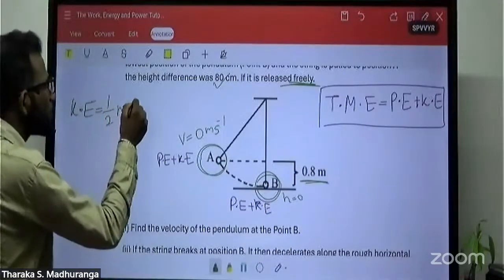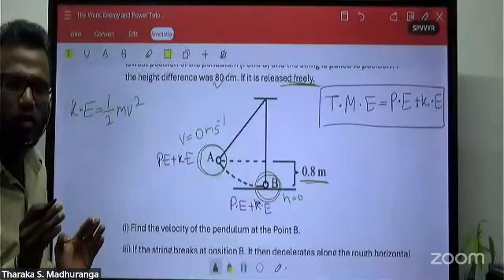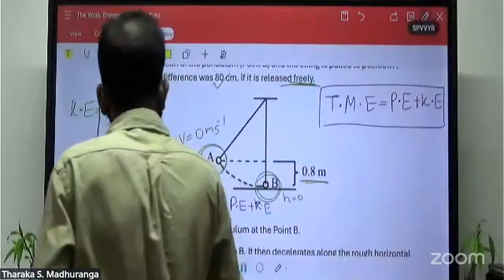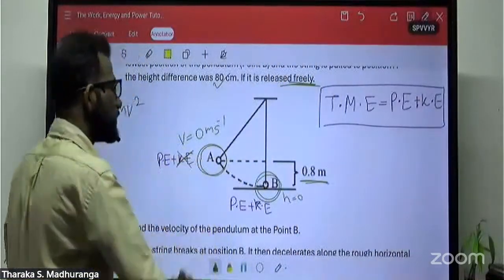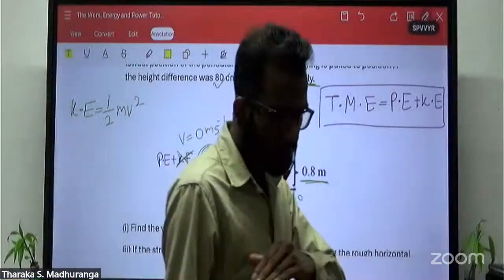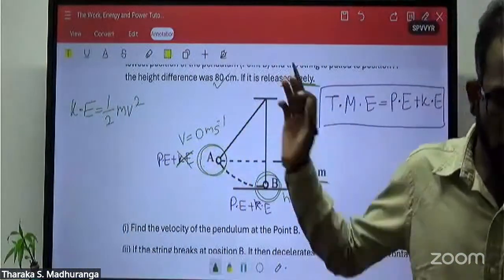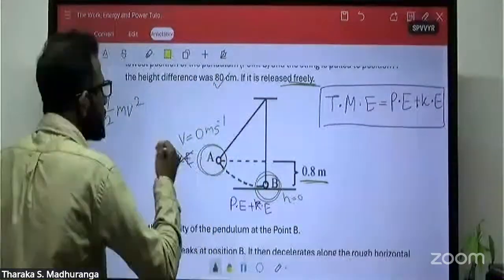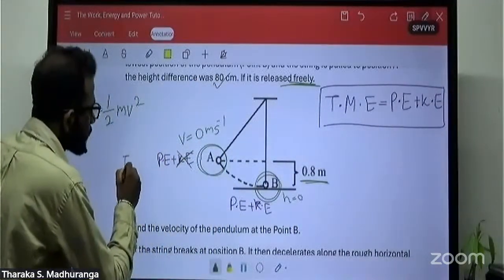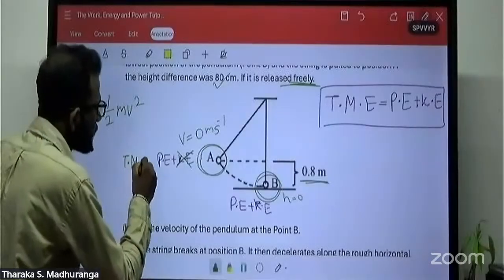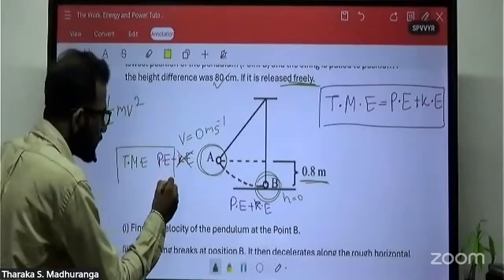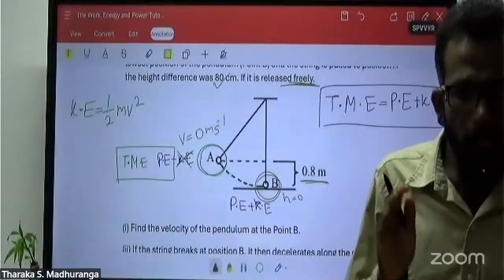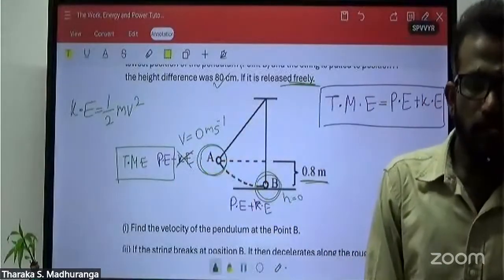Velocity 0 means all the kinetic energy becomes 0, so the kinetic energy cancels out. Now the total mechanical energy at point A is equal to the potential energy. Understand very carefully, focus: the total mechanical energy at point A is totally equal to the potential energy.